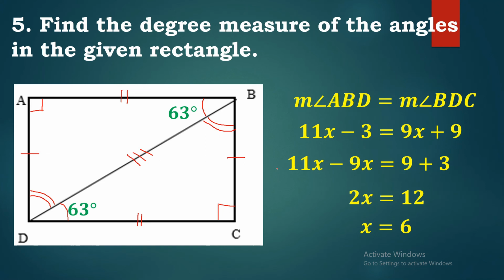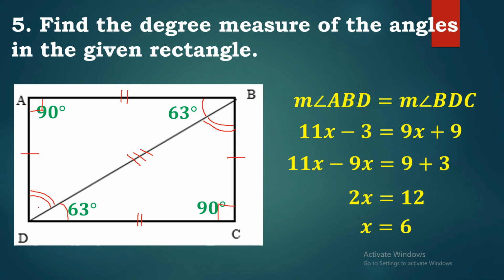And then, of course, for the congruent angles, which are right angles, we have 90 degrees each. So for the remaining congruent angles, angle ADB and angle CBD, we can have two solutions.